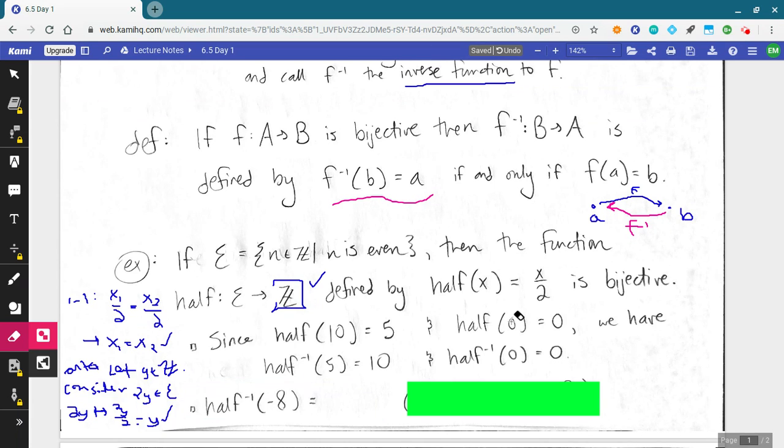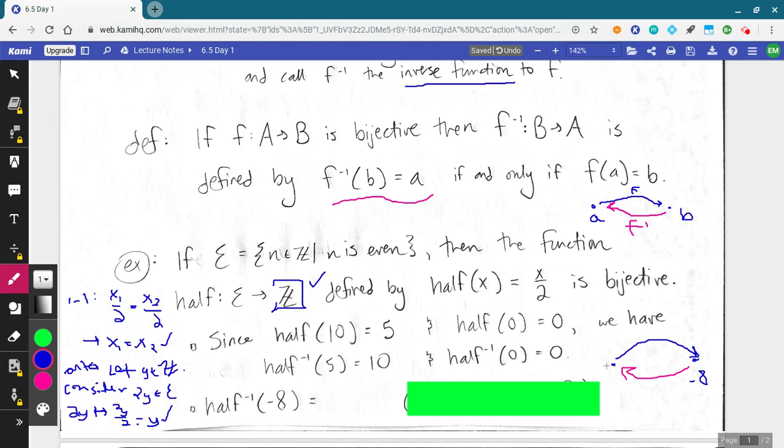All right, pop quiz for you. What is half inverse of -8? If we'd like, we can think about this with a diagram here. Half inverse is our pink arrow here. So we're wanting to know where it sends -8. Well, flip that around.